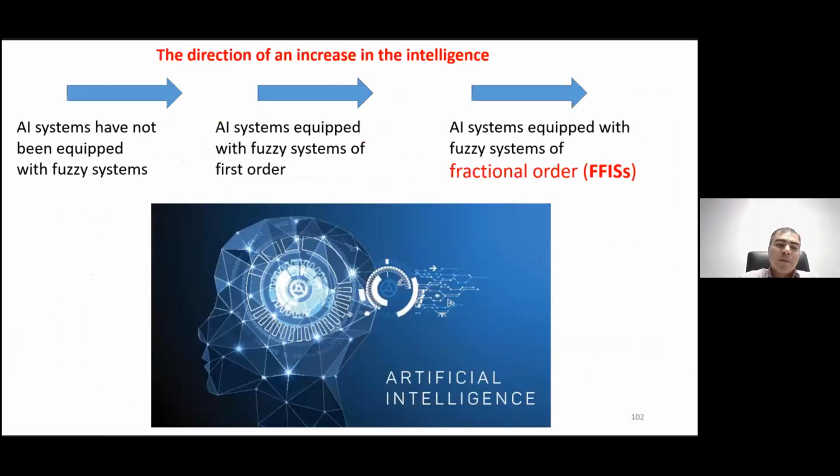And actually, since fuzzy sets are a generalization of crisp sets, if an AI system is equipped with fuzzy systems, its intelligence increases. Analogously, if an AI system is equipped with a fractional fuzzy inference system, the intelligence of the AI system also increases.